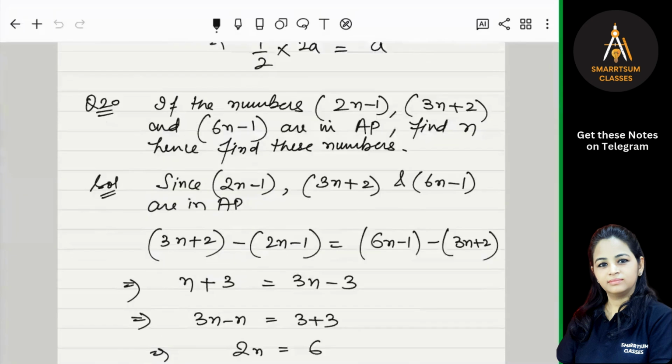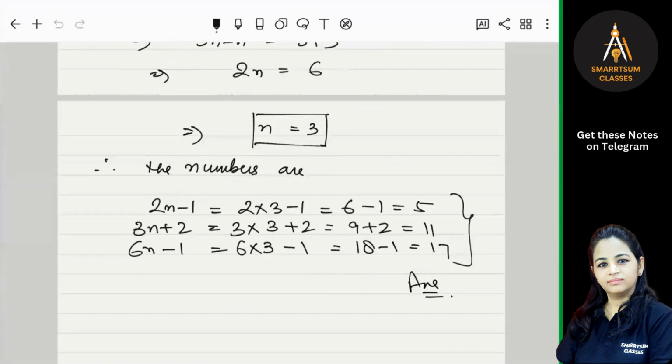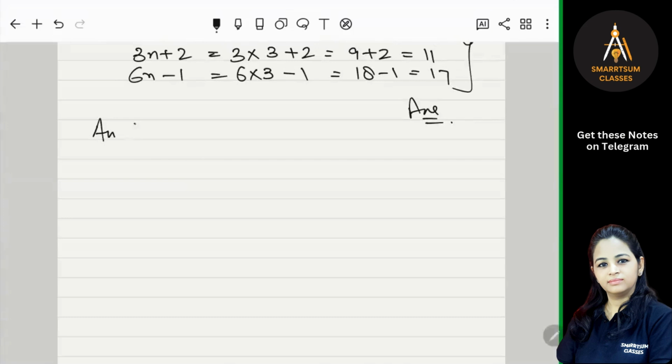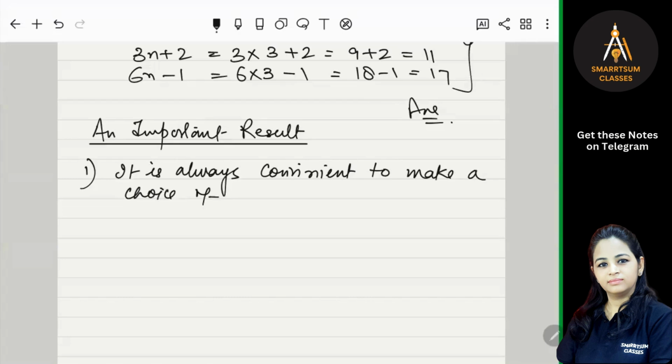Okay. So there are certain things which you need to remember in this, right? So write down an important result which you have to always remember. Now what is that? It is always convenient to make a choice of three numbers whenever you are taking three numbers in the AP.